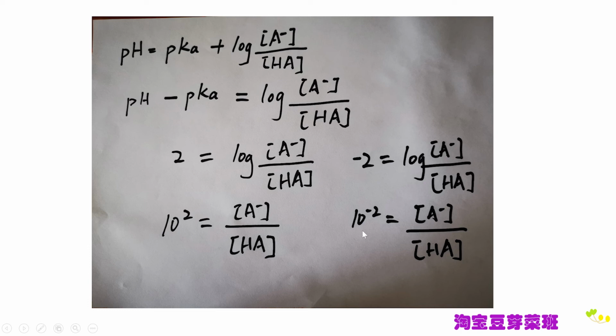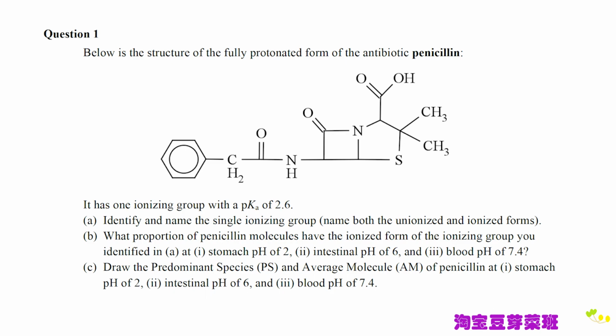Under this condition, the ratio changes into 10 to the power of negative 2, which means the unionized form is 100 times larger than the ionized form. So in the aqueous solution, it is 100% completely the unionized form.